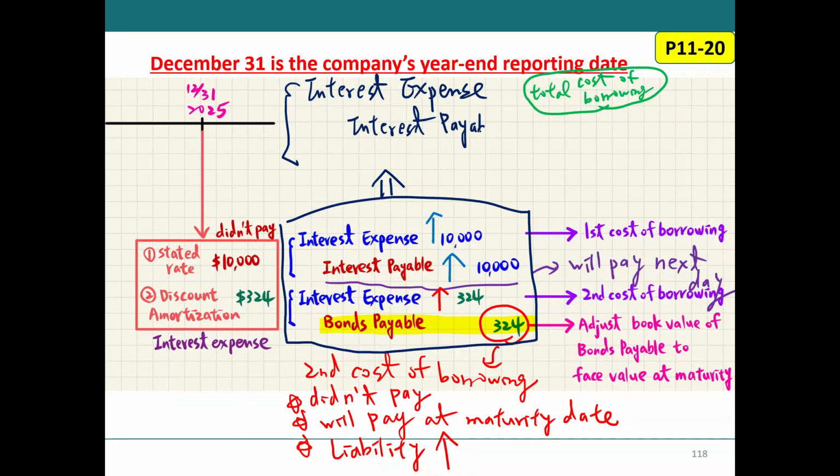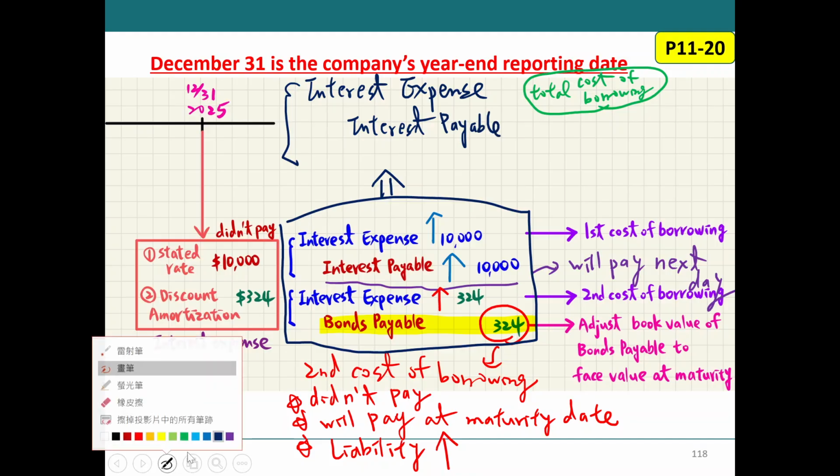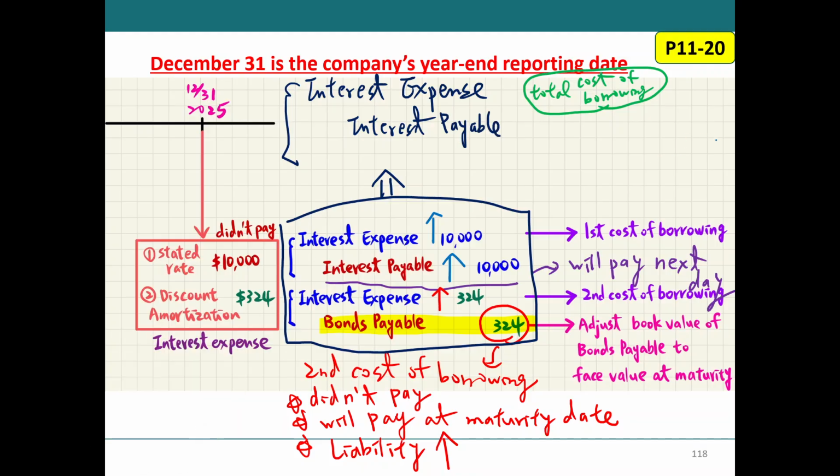Remember, interest payable, you will pay the interest only for first cost of borrowing, right? Then credit what? Your bonds payable. For what? For your second cost of borrowing, right?